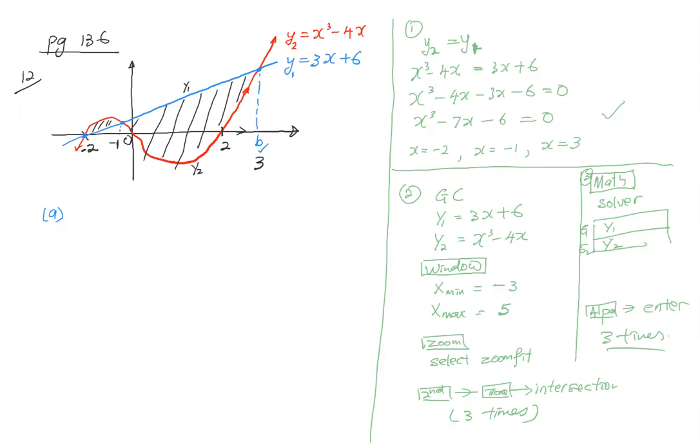Okay, so I write down integrate from -2 to 3, y1 minus y2. During the exam, you can do so if you label which is your y1, which is your y2, okay?